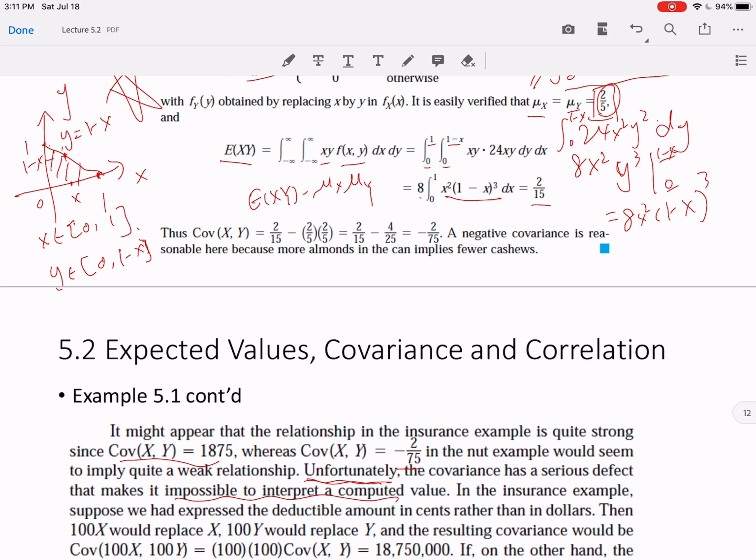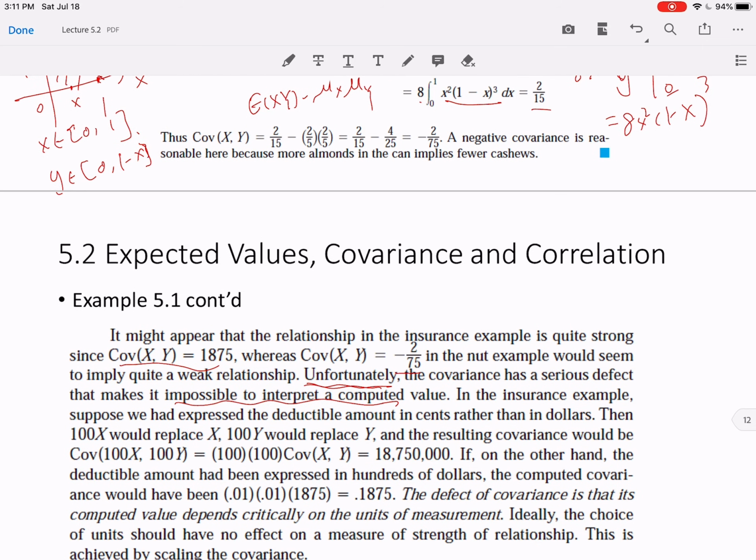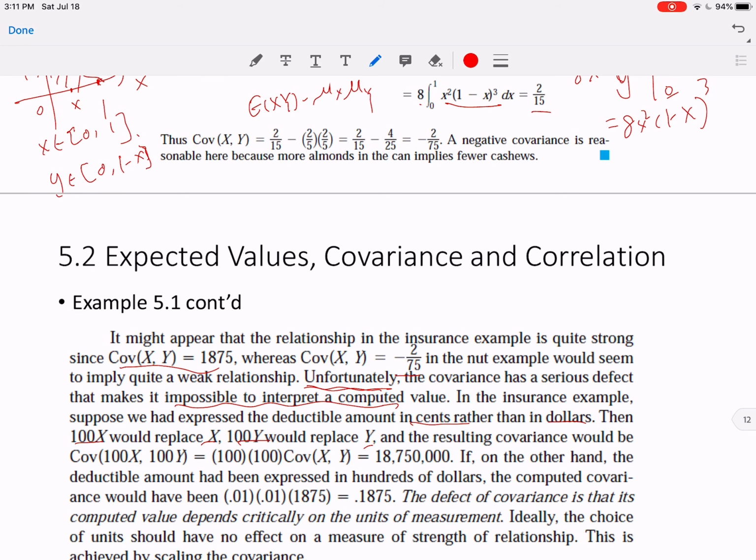In the insurance example, suppose we had expressed the deductible amount in cents rather than in dollars. Then 100x would replace x and 100y would replace y. We used to express the amount in dollars, but if we do it in cents, each number gets multiplied by 100.